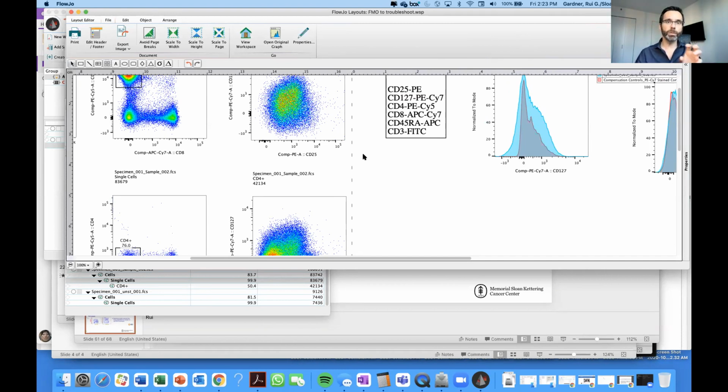If you see that there are populations that you expect to resolve, but they're not being resolved, using an FMO and actually starting by looking at all of the channels that you're using, comparing the single stain with a multi-stain and seeing if there's an impact or not. And then if you do see that there's an impact, you can go and check the FMOs on that channel and see which FMO will actually show an improvement.